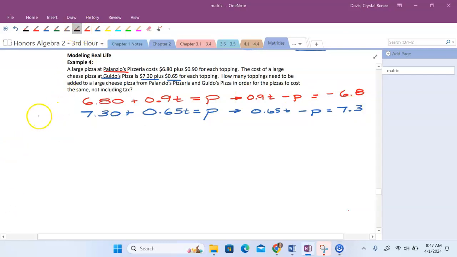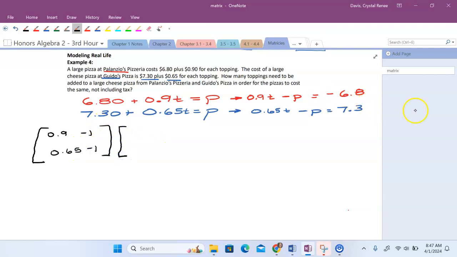All right, so now that I have my two equations, I can set up my coefficient matrix. So I have 0.9 and negative 1, and then I have 0.65 and negative 1. And my two variables here are, what are they?